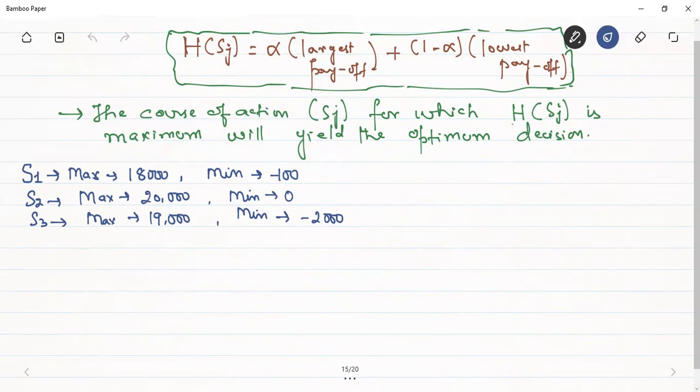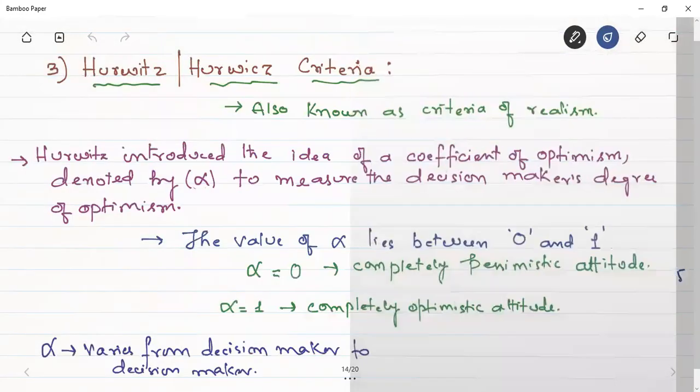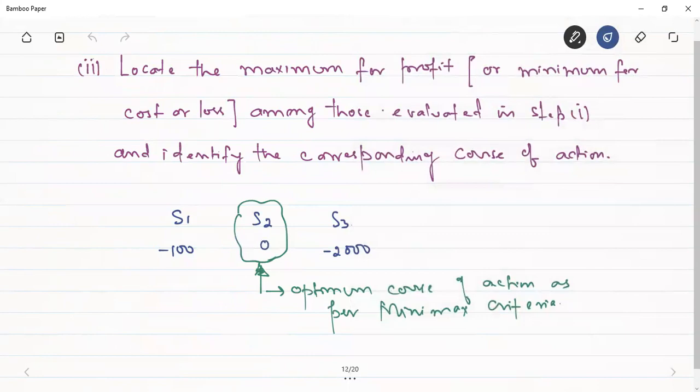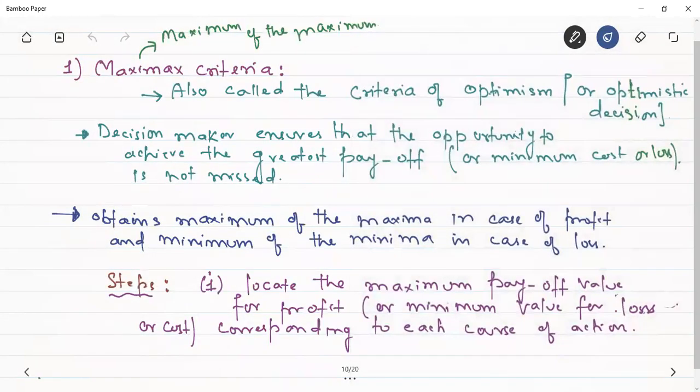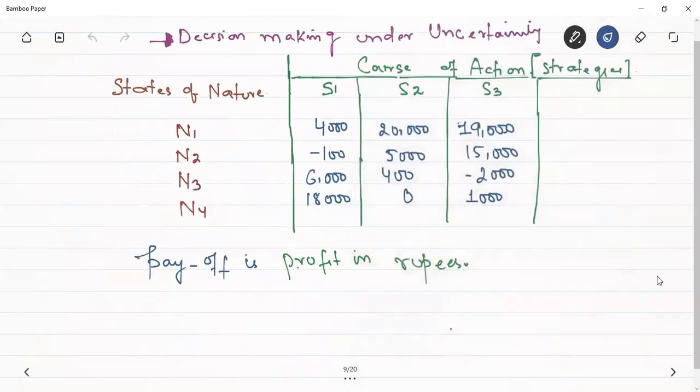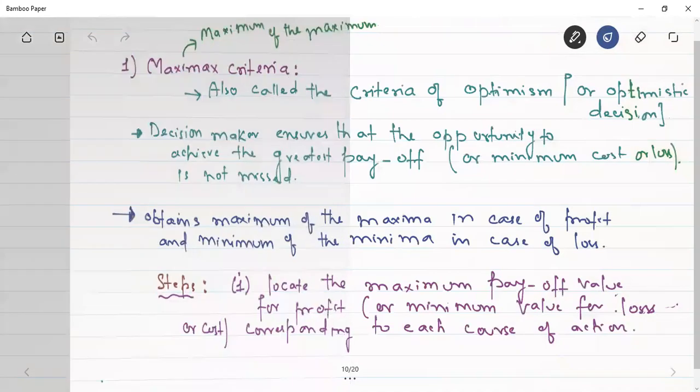Let me check once again, just to be sure. Okay, fine, 19,000 and 2,000.